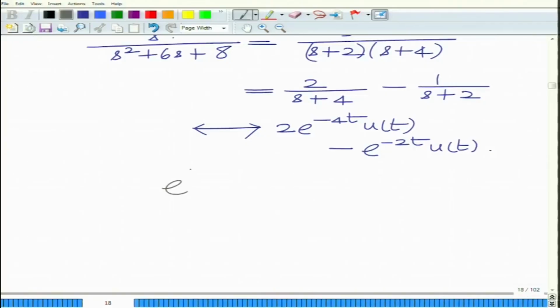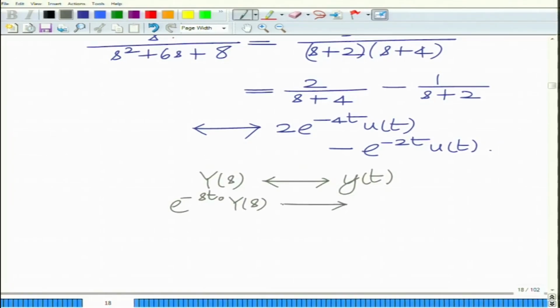To take care of that, we will use the following property. Let us say we consider any signal y(s) which has inverse Laplace transform y(t). Then e raised to minus s t naught times y(s) has inverse Laplace transform y(t minus t naught).